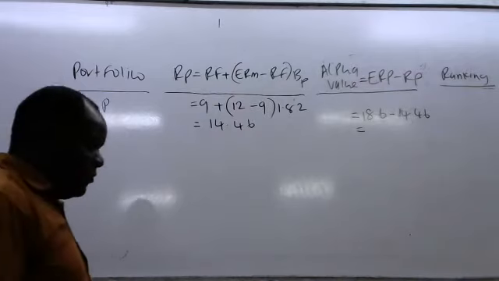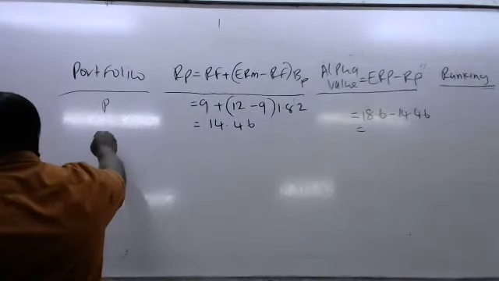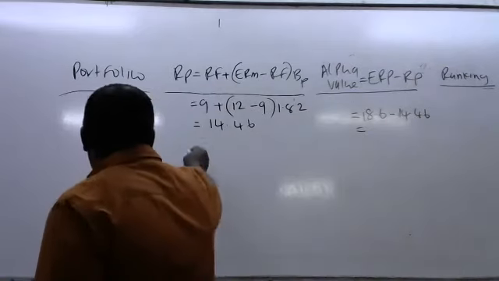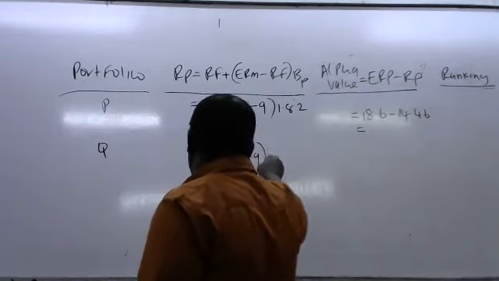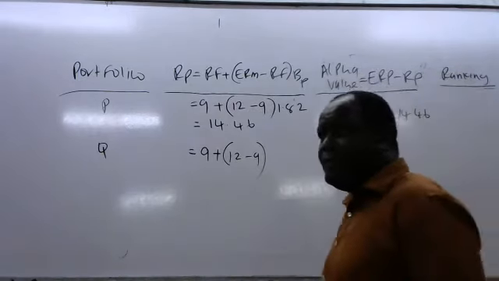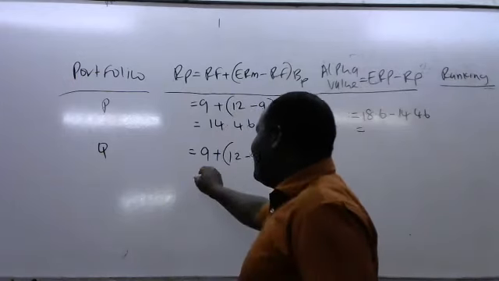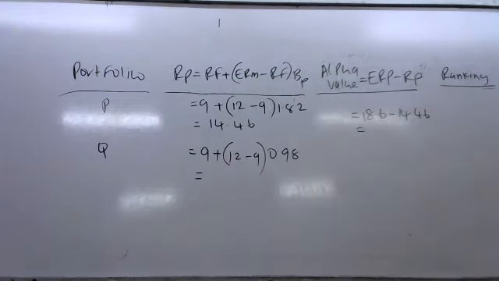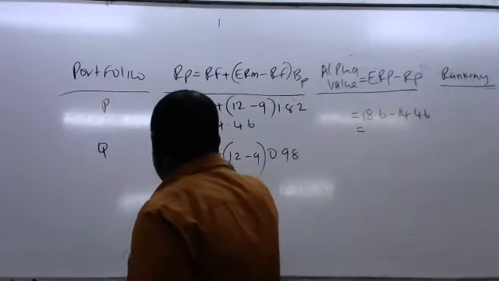Then we go to the second one, which will be Q. When it comes to Q, it is 9 plus 12 minus 9, times the beta factor for Q, which was 0.98. We come up with the value for that, 11.94.